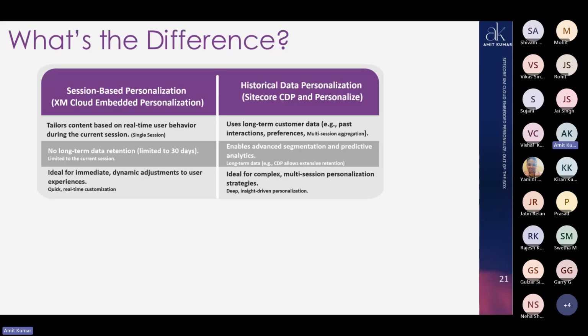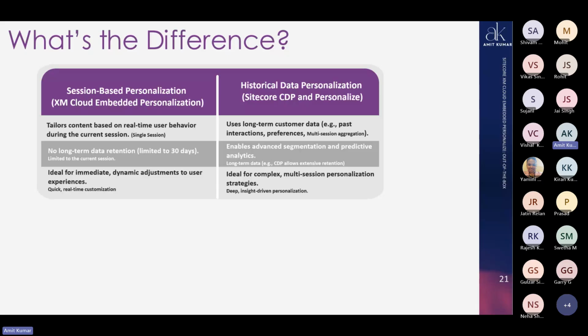Okay. So for real-time, suppose users are coming to your website from a campaign, or you have a UTM parameter to track. In those cases, you can utilize embedded personalization. There is no long-term data beyond 30 days; you can't access the data, so you cannot implement any use case that requires data beyond 30 days, or where you need custom segmentation.